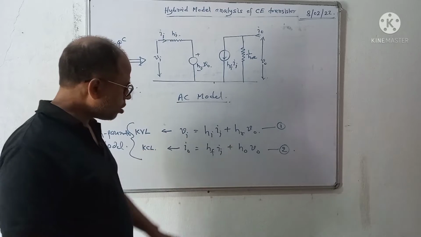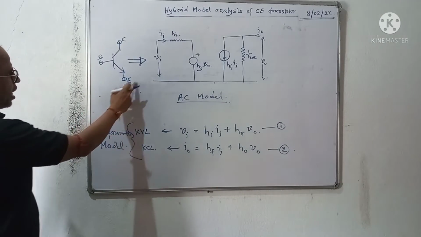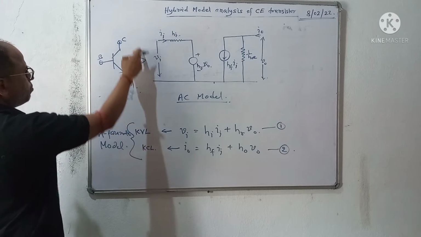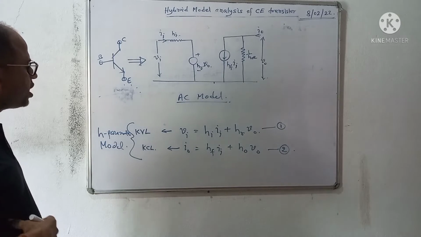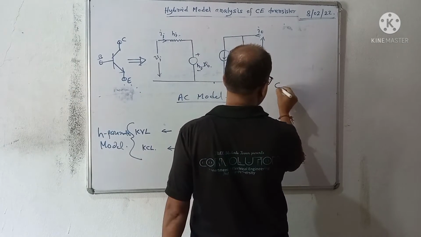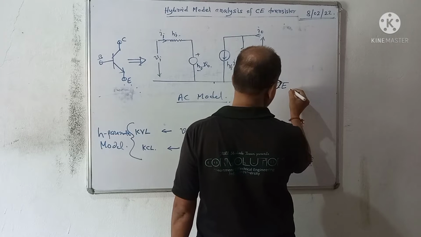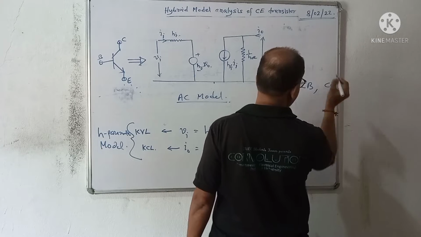Now these are two general equations, because I have not mentioned any configuration. The transistor can be used in any one of three configurations: common emitter, common base, and common collector.